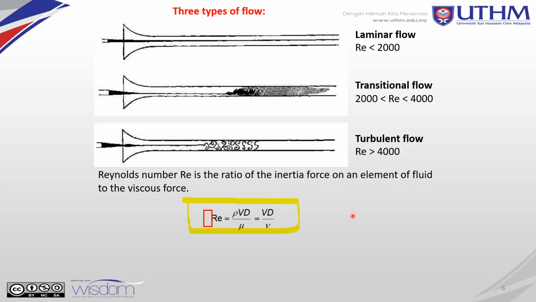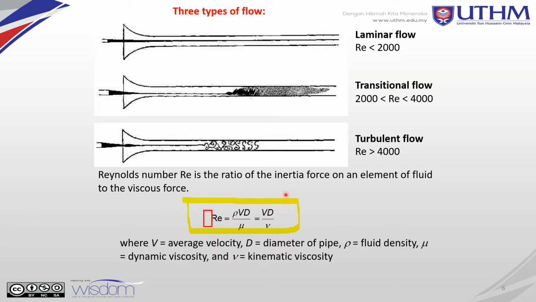So we use the Reynolds number with this equation. Reynolds number is equal to density times velocity times diameter divided by dynamic viscosity, or velocity times diameter divided by kinematic viscosity.